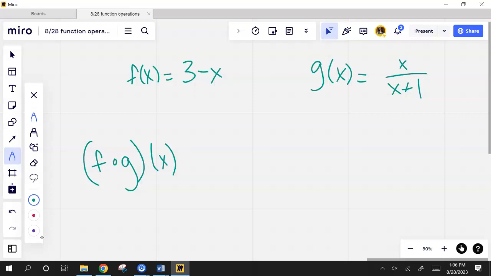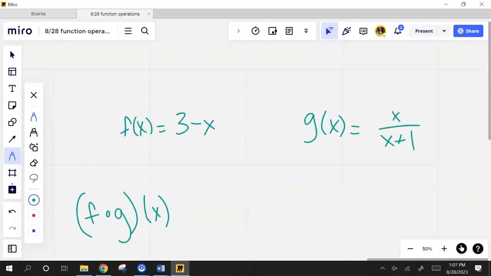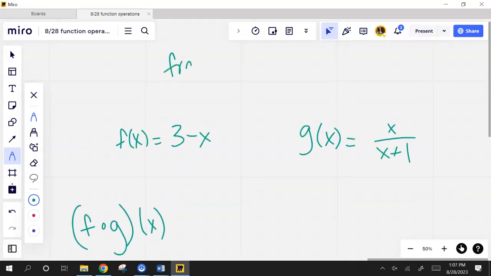Okay, so you need to look for radicals and fractions. If it's a radical, take what's under the radical and set it greater than or equal to 0. If it's a fraction, take the bottom and set it not equal to 0. We did it in Algebra 2.